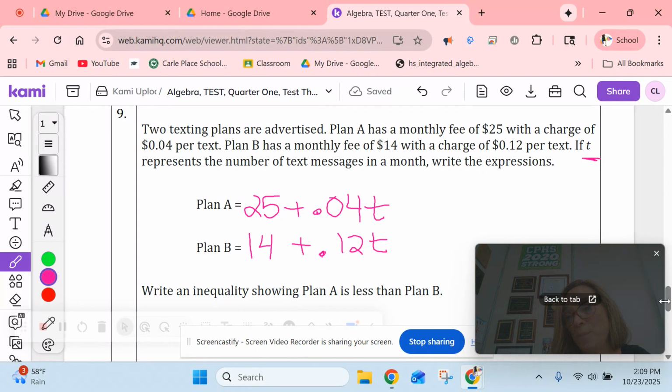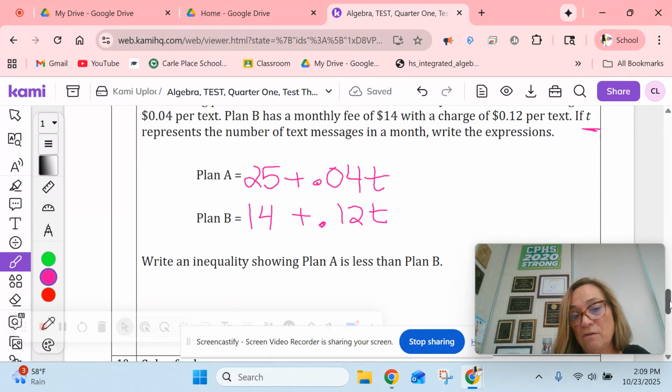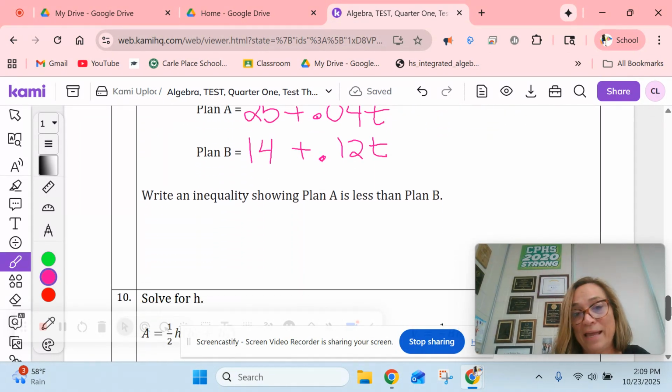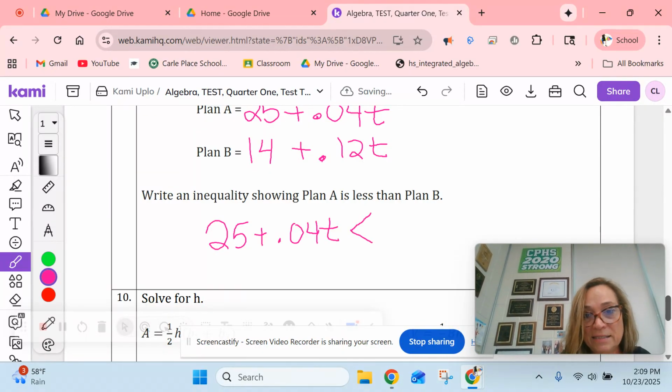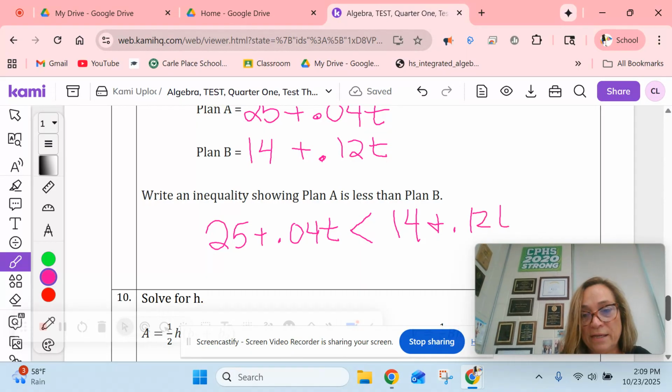So one of them you pay more up front, but you pay less per text. Write an inequality showing that plan A is less than plan B. Well, that's simple. 25, because I did all the work already, plus 0.04t is less than 14 plus 0.12t.